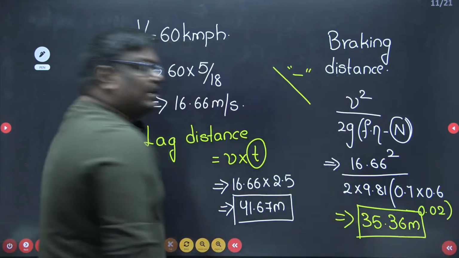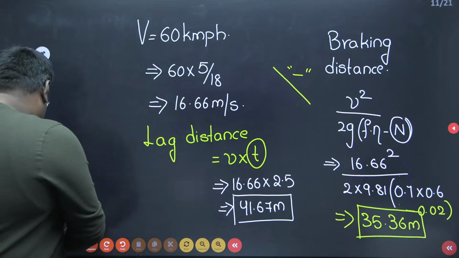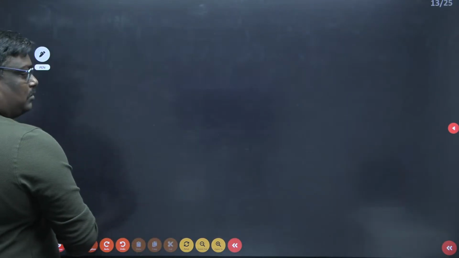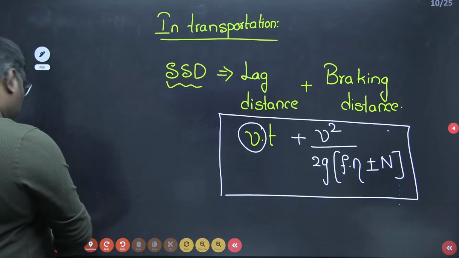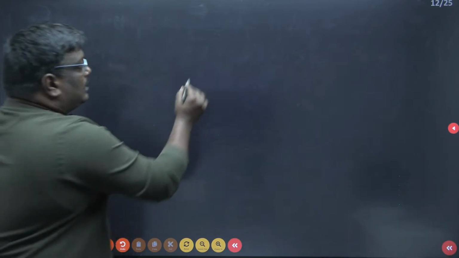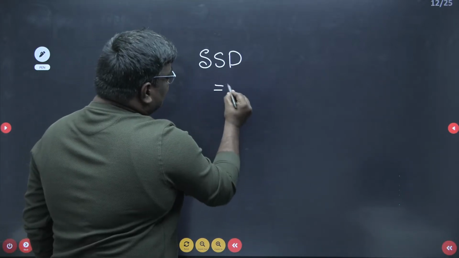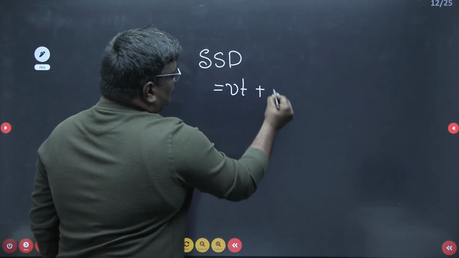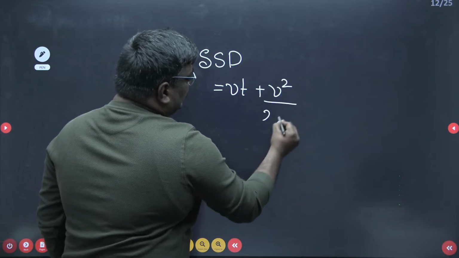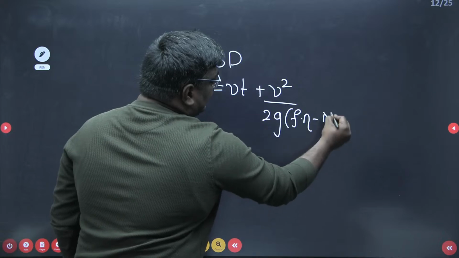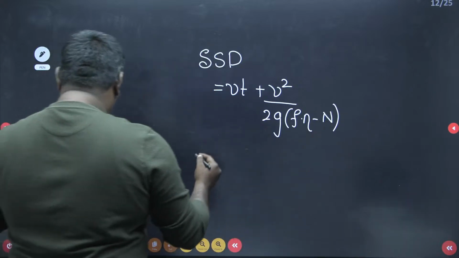Now, my dear students, what will be the stopping sight distance, sir? Stopping sight distance is nothing but Vt plus V square upon 2g (f into efficiency minus gradient). What will be the answer, sir?